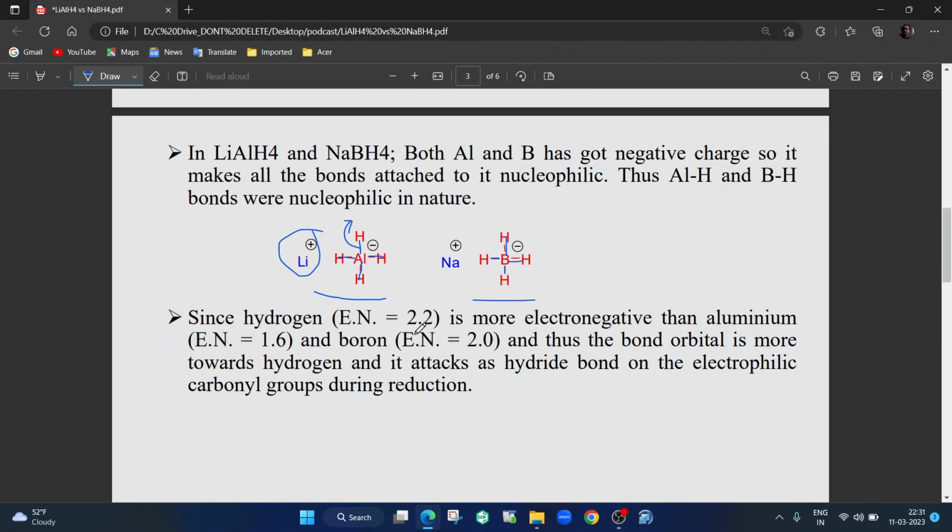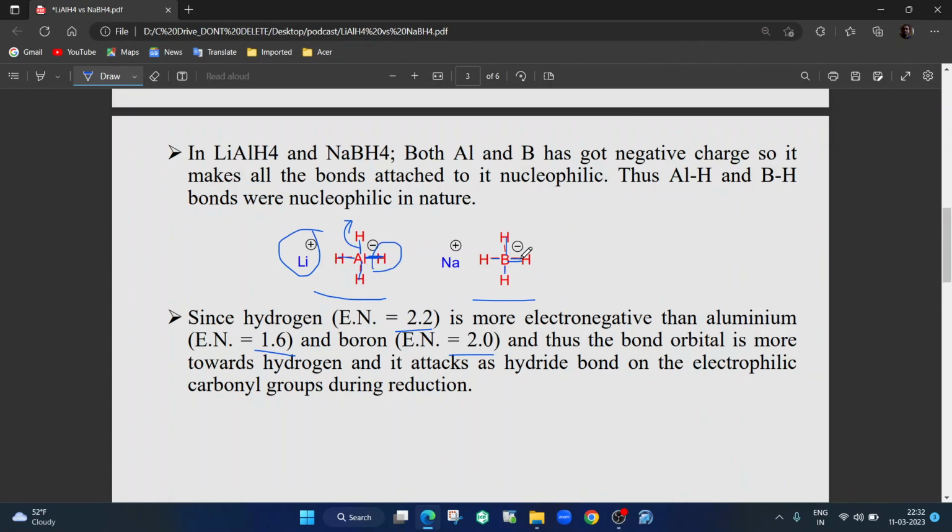Now if you see, hydrogen electronegativity is 2.2, whereas aluminum is 1.6 and boron is 2.0. That means hydrogen is more electronegative than these two. So the sigma molecular orbital is closer towards hydrogen than aluminum because hydrogen is more electronegative.